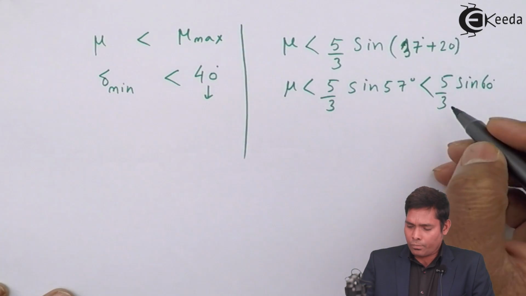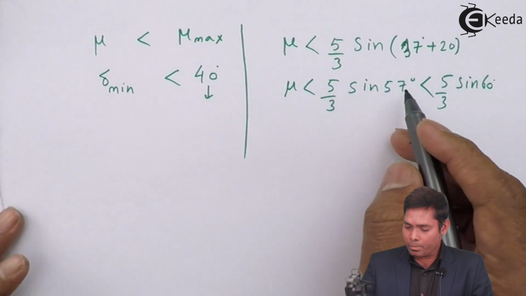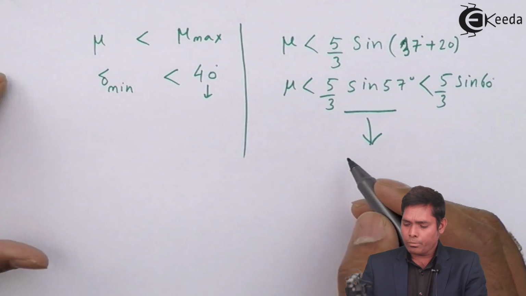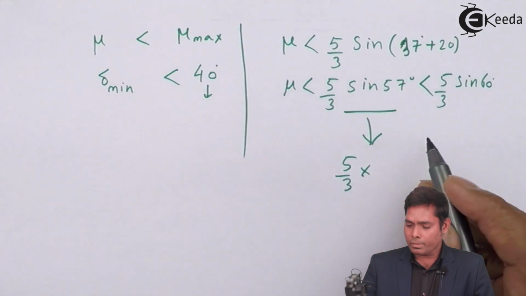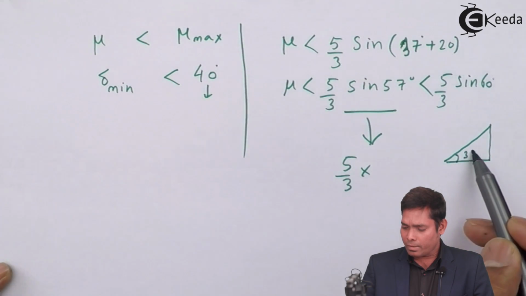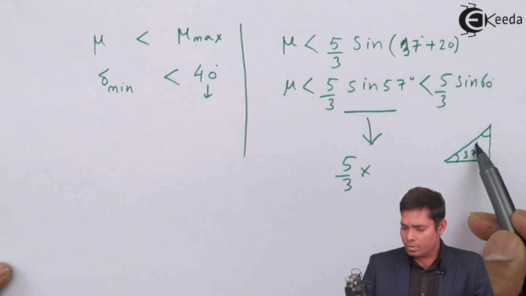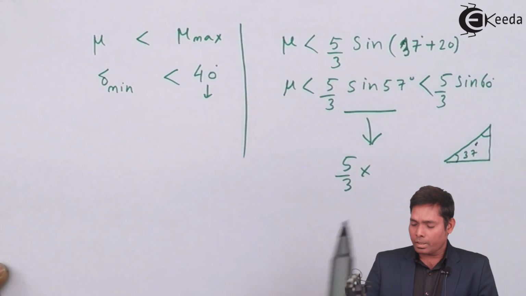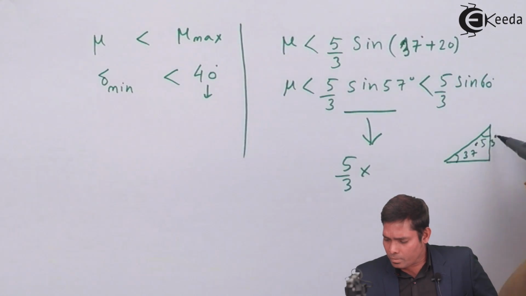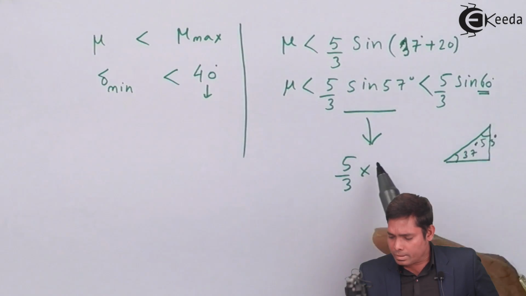If I solve this one, this will be 5 by 3 into sine of 57. Sine of 57 is not directly known, so I'll just compare with sine 60.